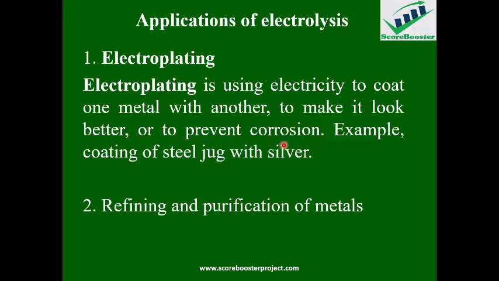That is electroplating. Another example is you coat a steel jug with silver if you want it to look like silver. They coat rings, necklaces, and many things, even with gold. That is electroplating.